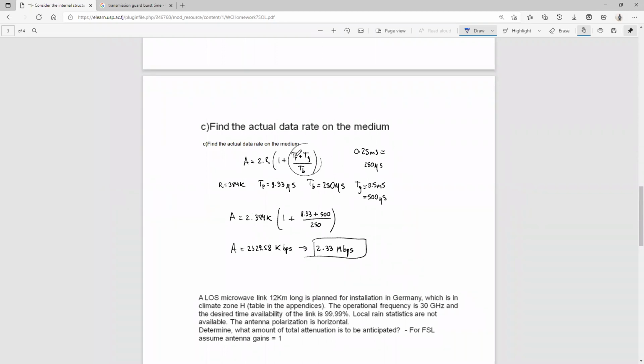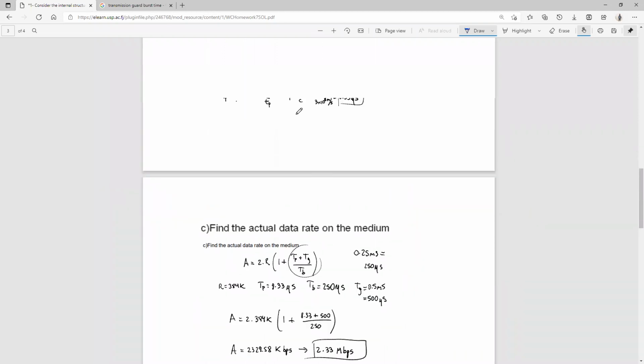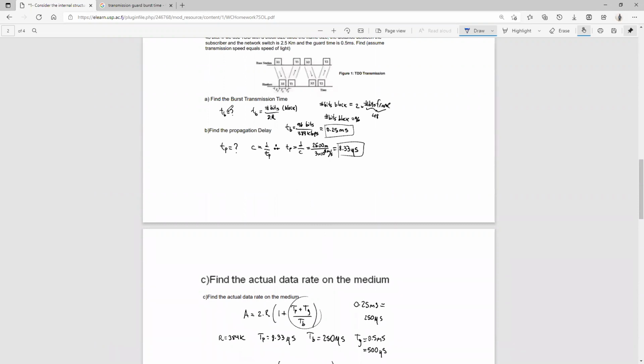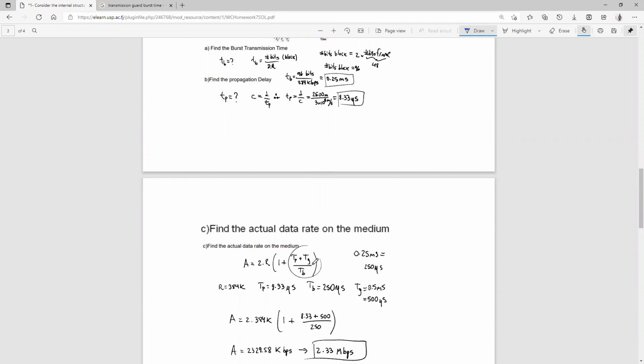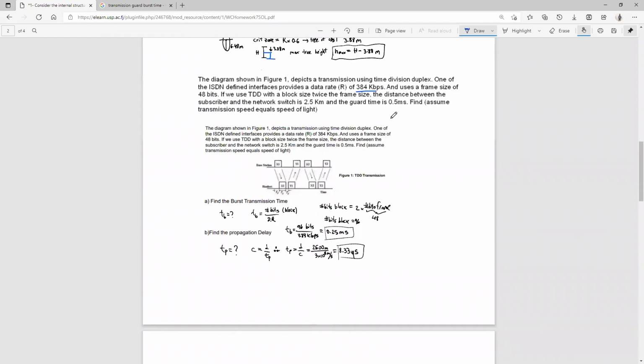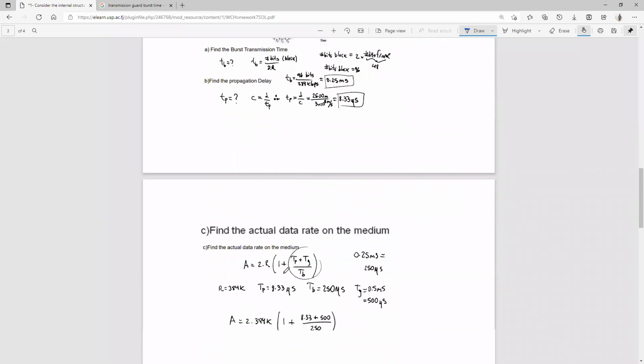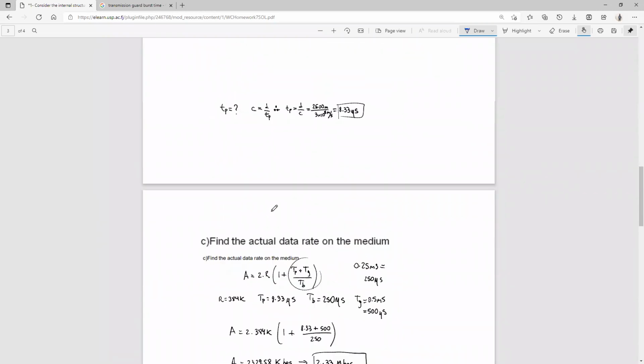So we know our propagation delay that we calculated in part B. We know our burst time that we calculated in part A. We know our guard time, which is given in this question, that is 0.5 milliseconds. And we know the data rate for interfacing.